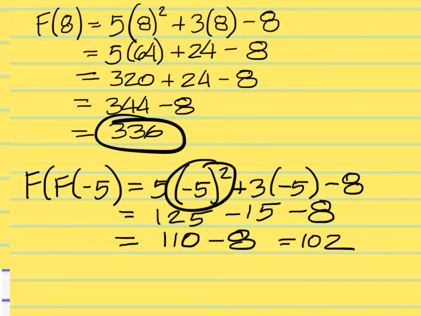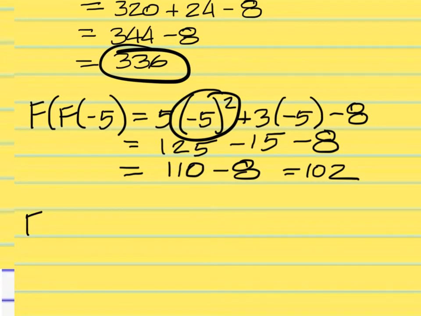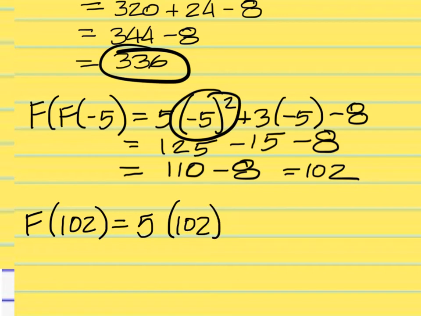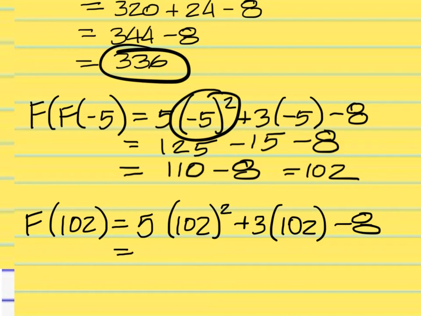I have to plug that back into the function. I need f of 102. That would be 5 times 102 squared plus 3 times 102 minus 8. So 102 squared.